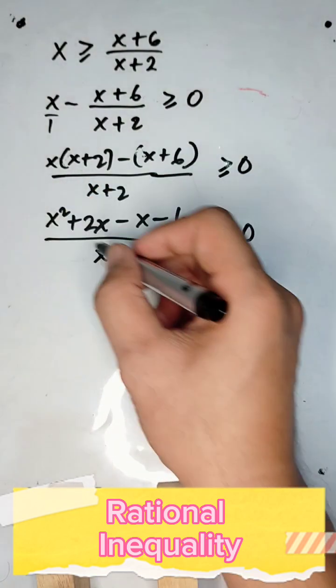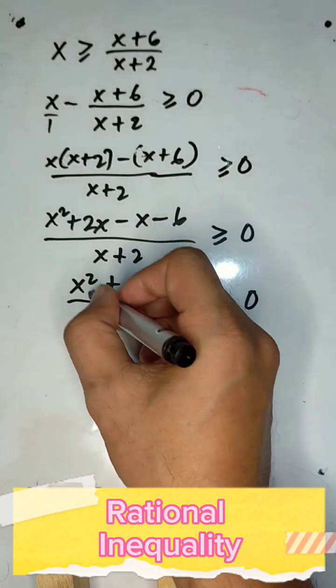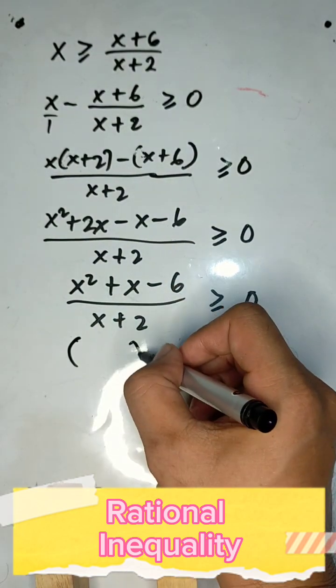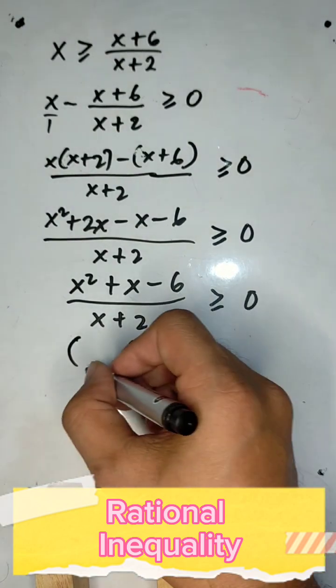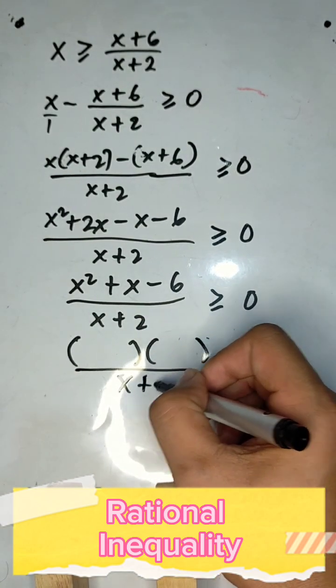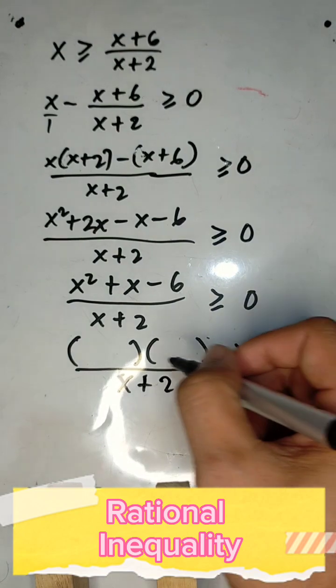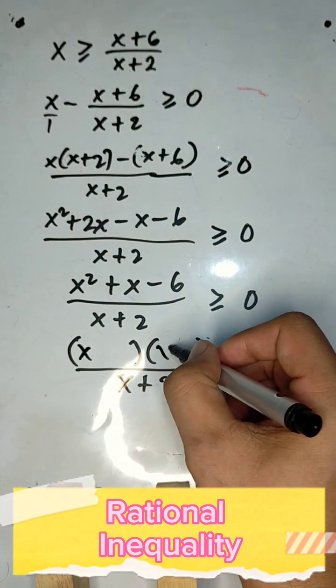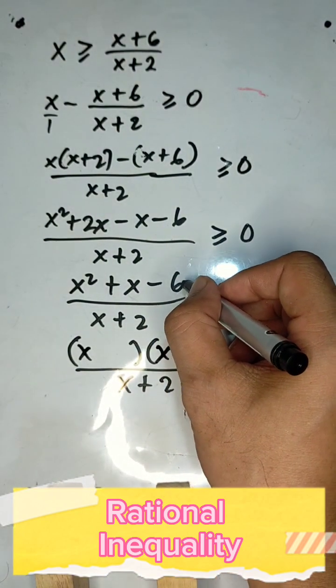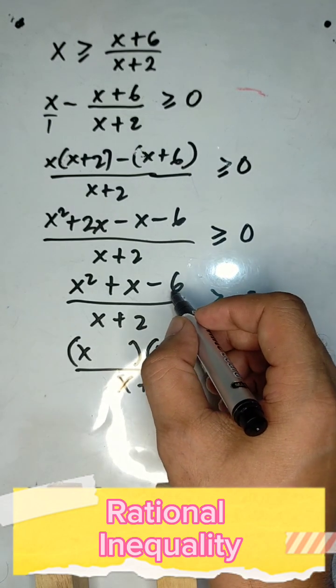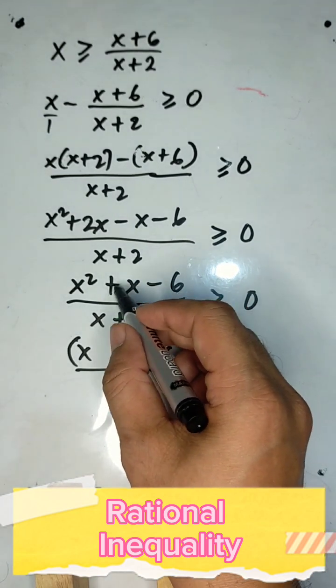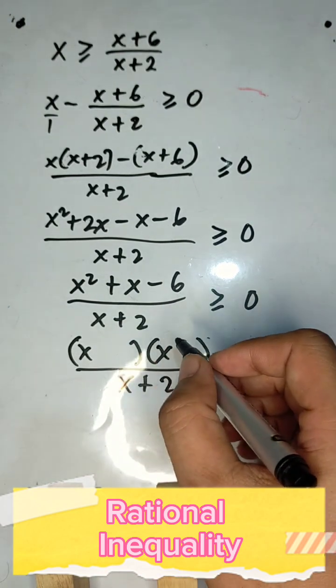Now let's simplify this one. Now we can factor this out. Let's use the FOIL method. Okay, that's x. So the factors of 6, 2 and 3, can give us 1x in the middle term.